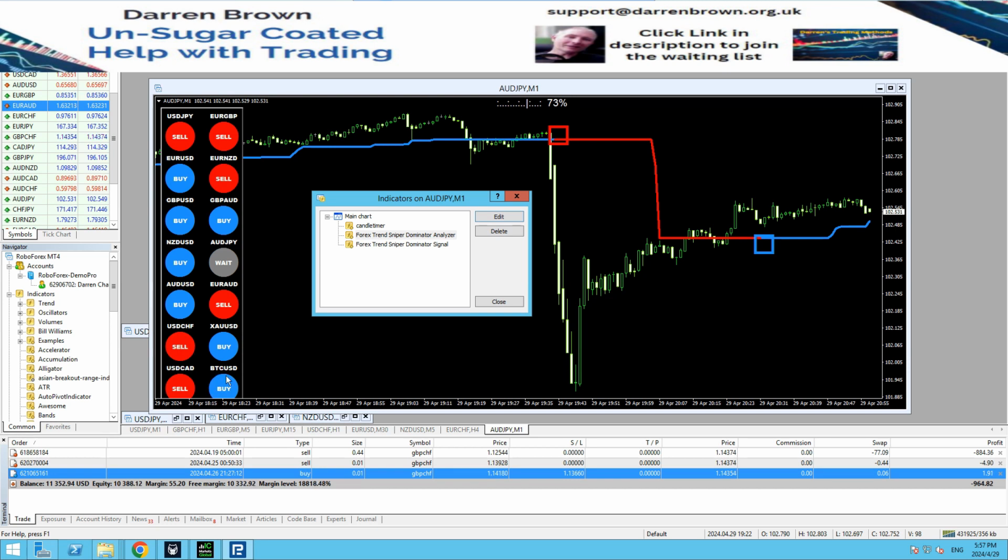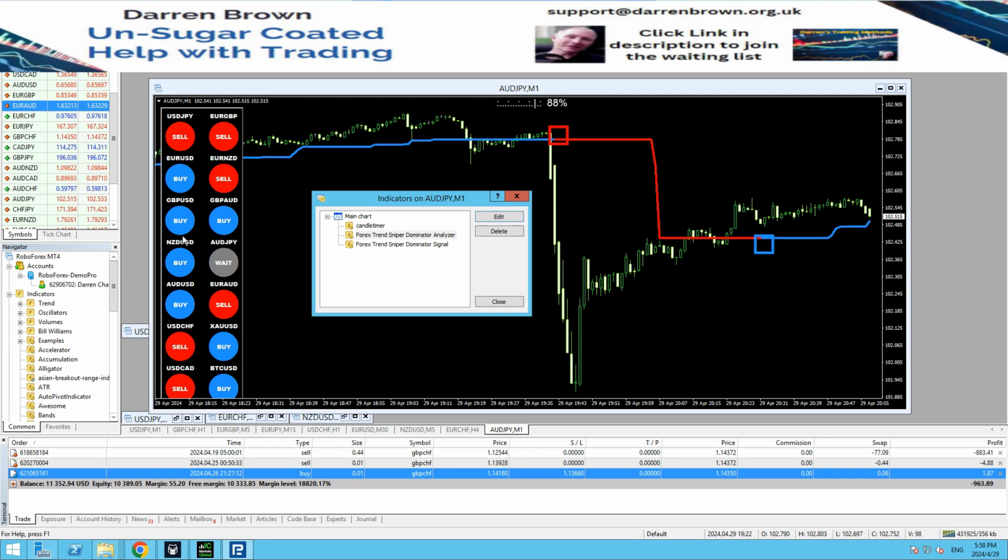Bitcoin USD. But remember, if your server isn't allowing you to use Bitcoin or XAU USD, you're not going to be able to do this. But if you've already got an MT4 account which allows you to do Bitcoin and XAU USD, then obviously this is going to help you, because you're going to know how to set this up.